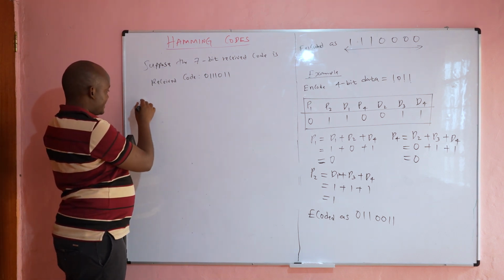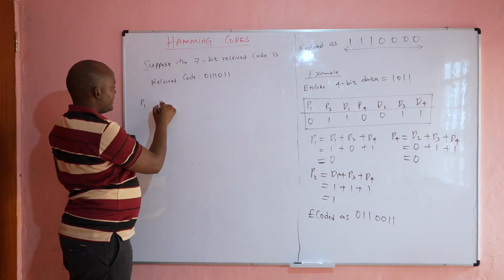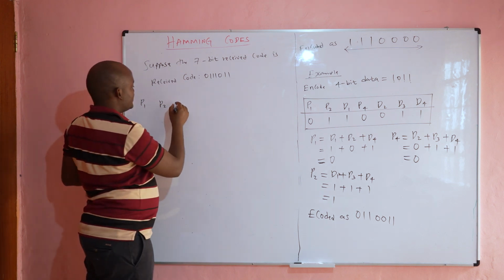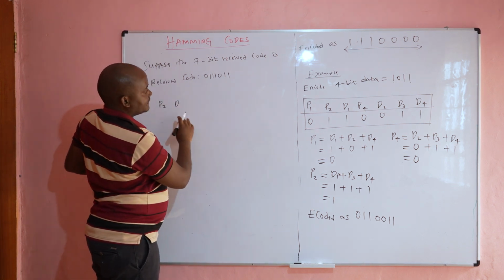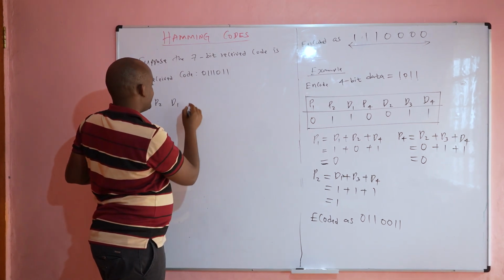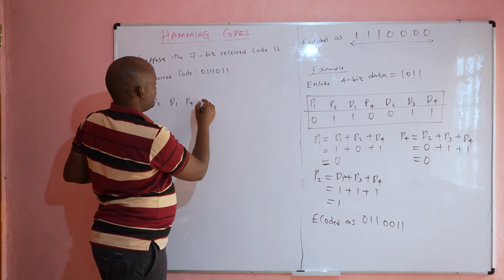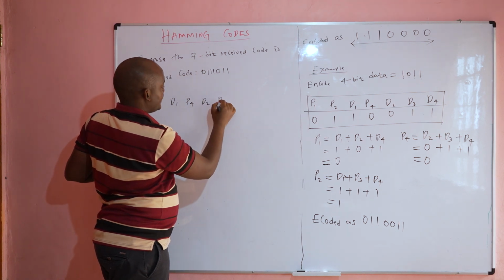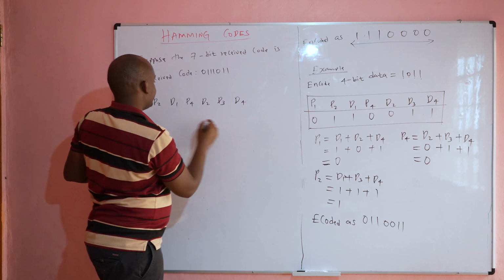So once again you come up with your table, which is P1, P2, from P2 you go to D1, from D1 you go to P4, we have D2, D3, lastly D4.